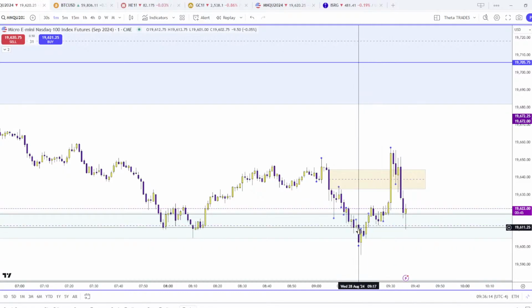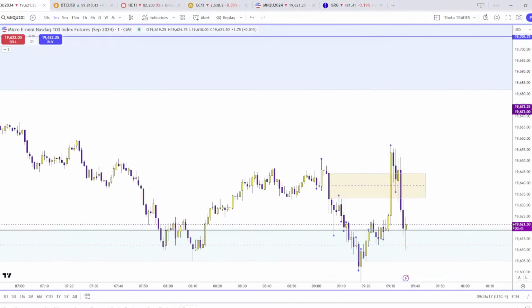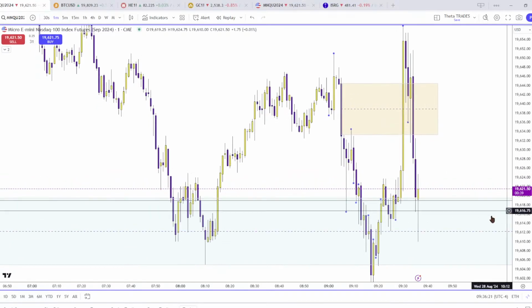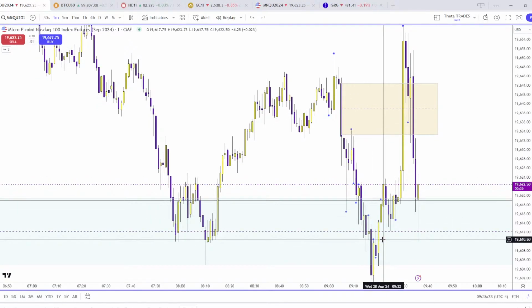See that little fair value gap down in there? Have a look at that.